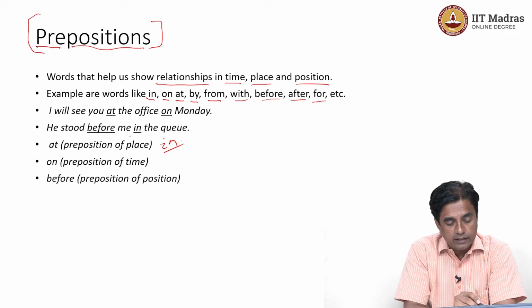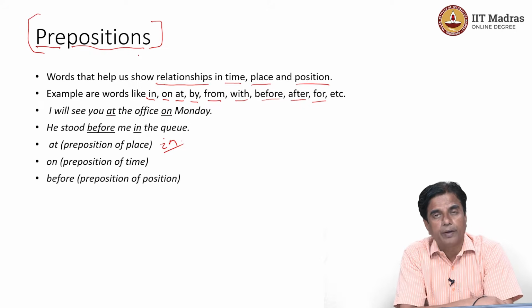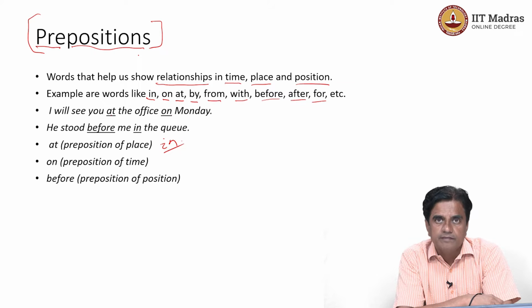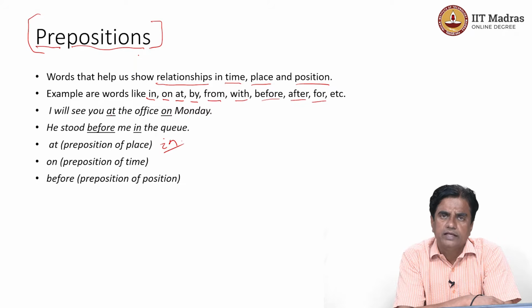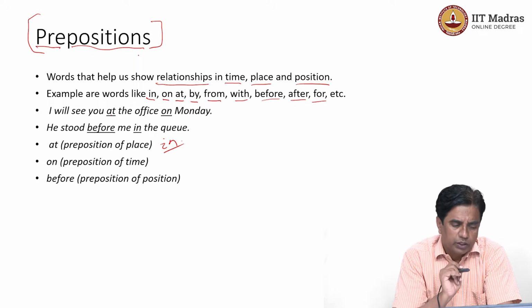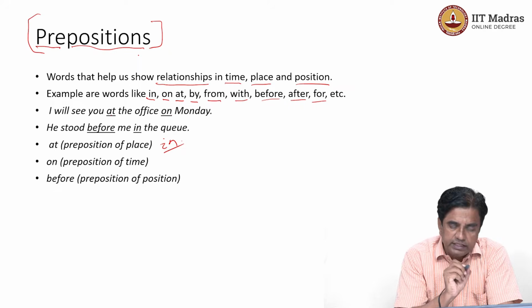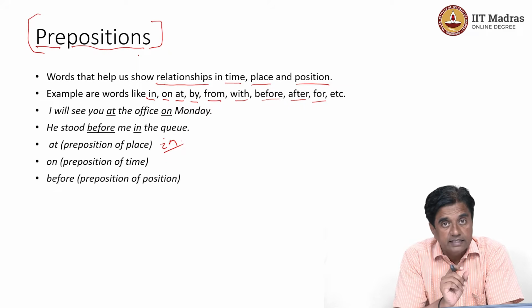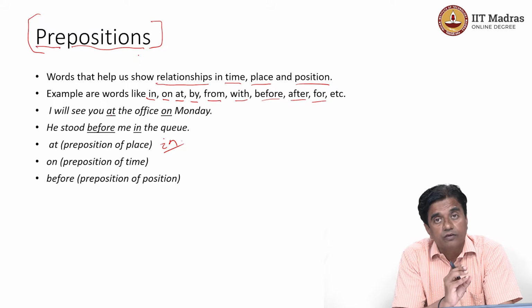The footnote is, in English, these elements are called prepositions. In our languages, that is, the languages that we grew up speaking, namely Tamil, Telugu, Malayalam, Hindi, Marathi, Bengali, and so on, these words follow a noun. That is, this category of words follows a noun.